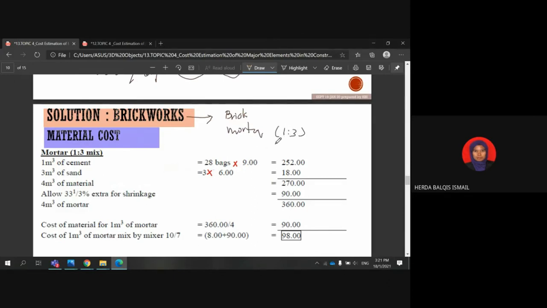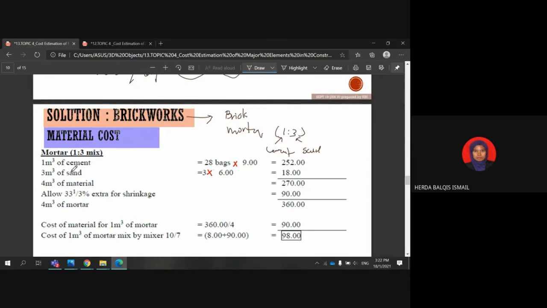You need to know that 1 represents the cement and 3 represents the portion of the sand. So there is no aggregate in the mortar mix.